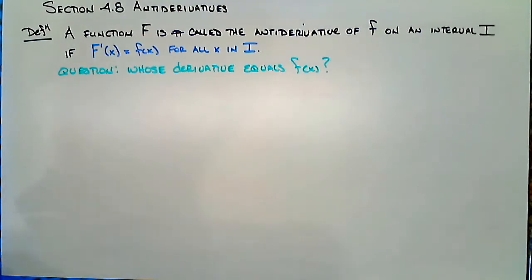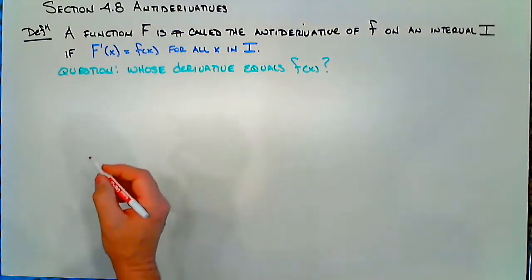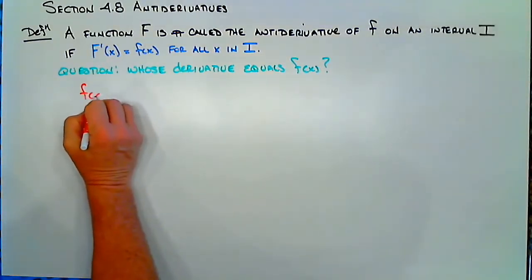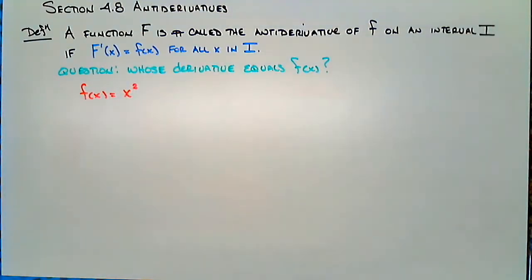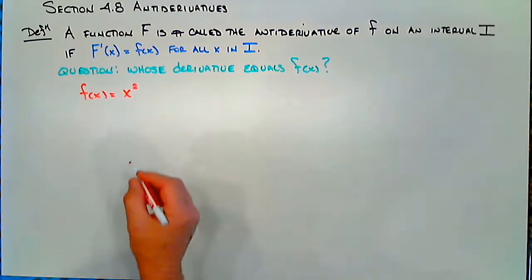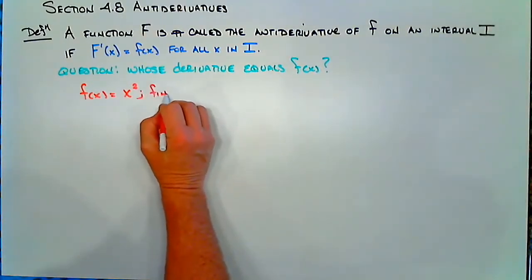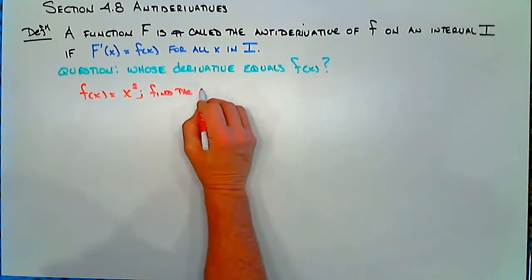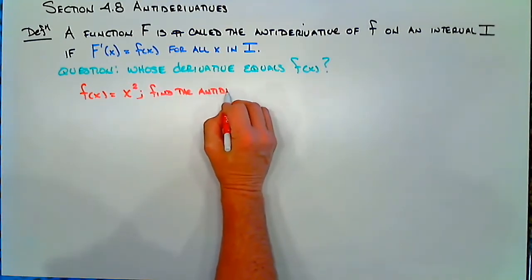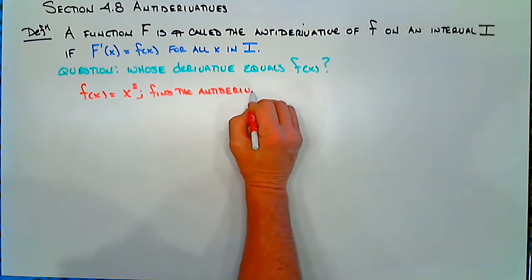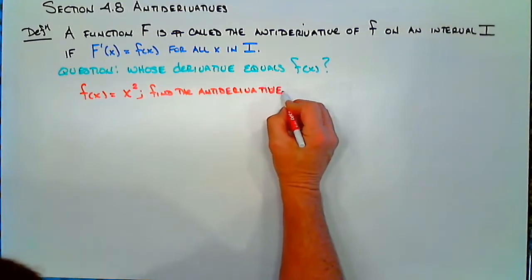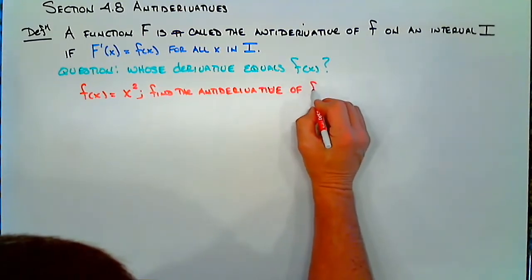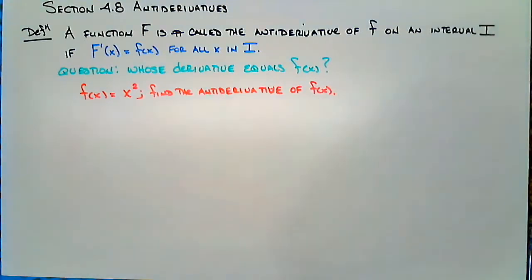Well, before we move any further, let's just take a look at an example, right? If I write down f of x equals x squared, and I ask you to find the antiderivative of f of x, what are we being asked to do here?